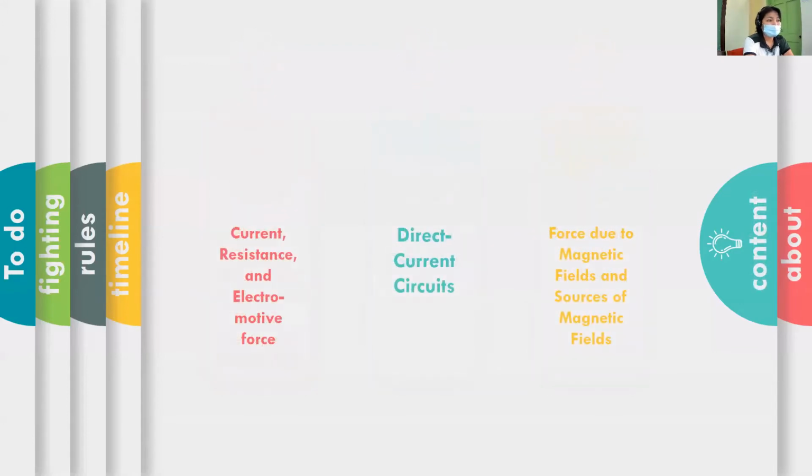Current, resistance, or the Ohm's law, then electromotive force, may mga discussion din about circuits such as DC, direct current, then force due to magnetic field, and sources of magnetic field. Actually, may 7 na content yan, pero yung pang 7 will be the integration of all the contents.